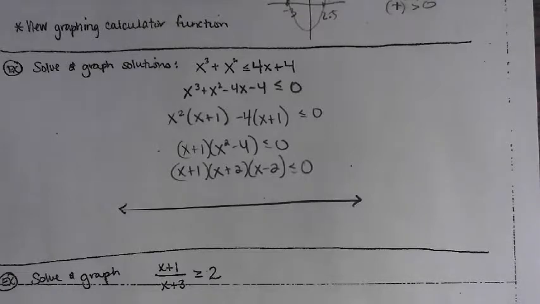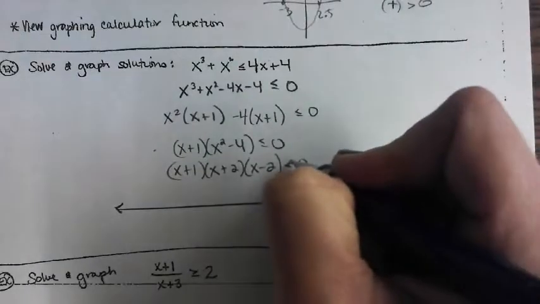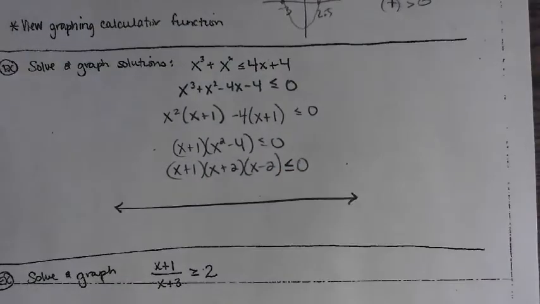Any questions so far? So the roots around which we're going to test our intervals are -1, -2, and 2. Are those numbers, those roots in and of themselves, solutions to this polynomial having to be less than or equal to 0?